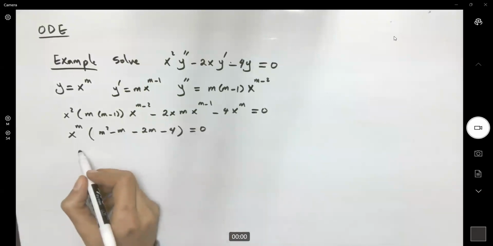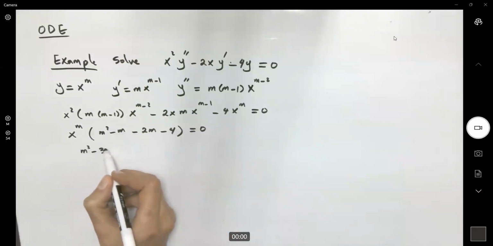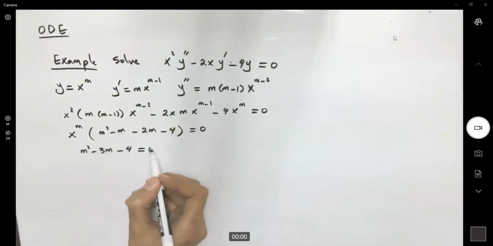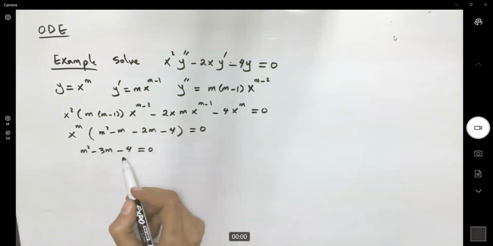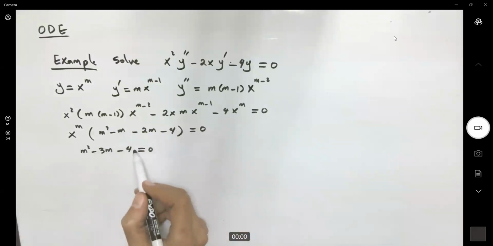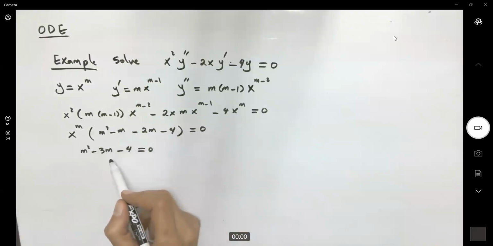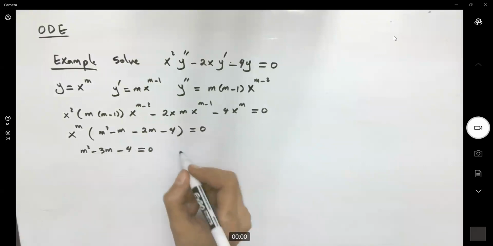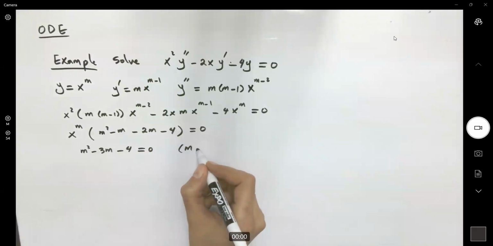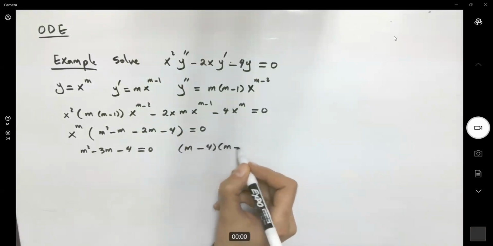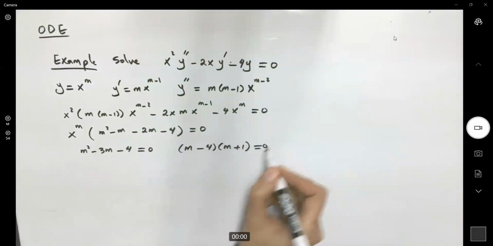Our auxiliary equation becomes m^2 - 3m - 4 equals 0. So we're looking for two numbers whose product is negative 4 and whose sum is negative 3. We get (m - 4)(m + 1) equals 0.